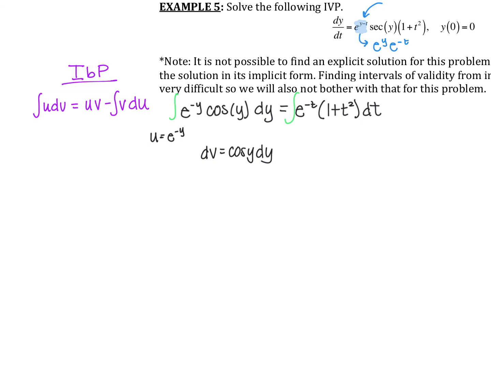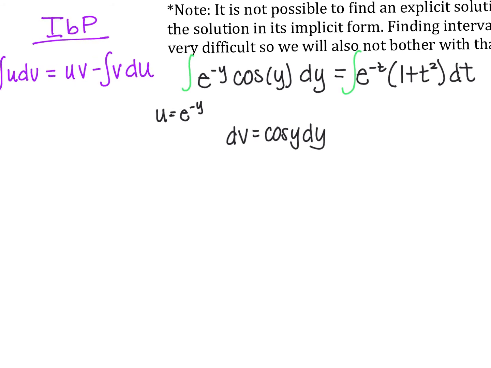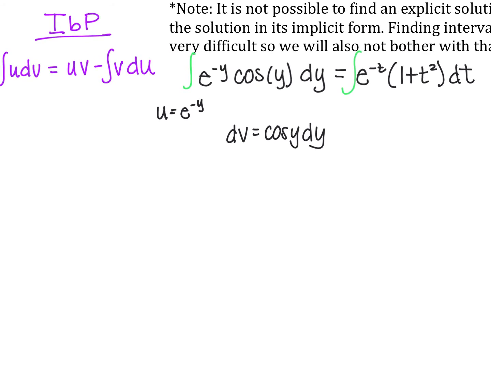Remember, we create a table where we work between taking the integral and the derivative. Don't we have to get v and du first? Yep, so I'm going to take du, which would be negative e to the negative y dy. Is that right? Yeah. And v, anti-differentiate that, and the antiderivative of cosine is sine.